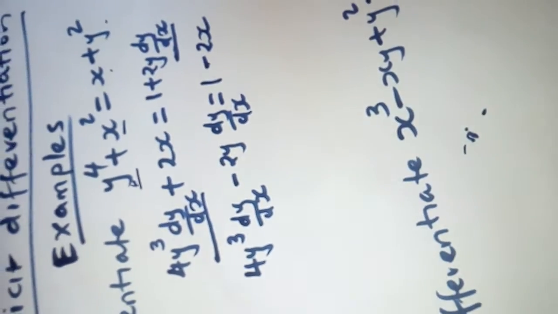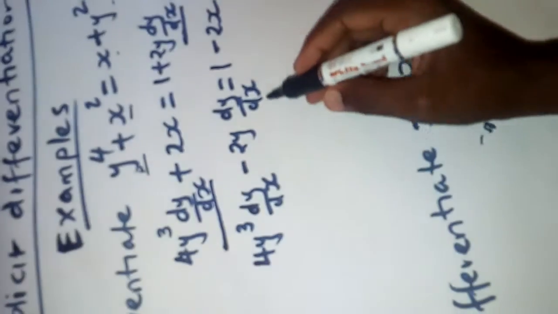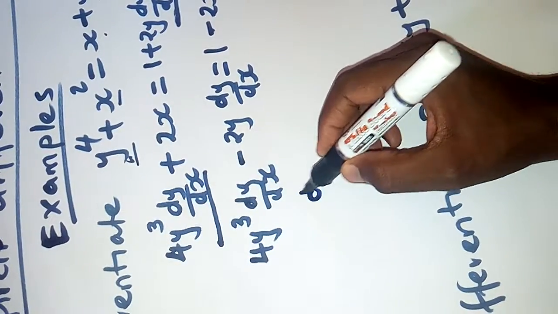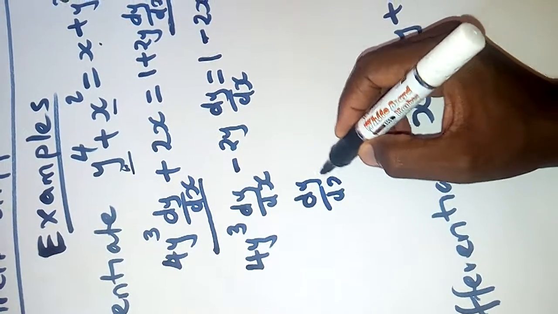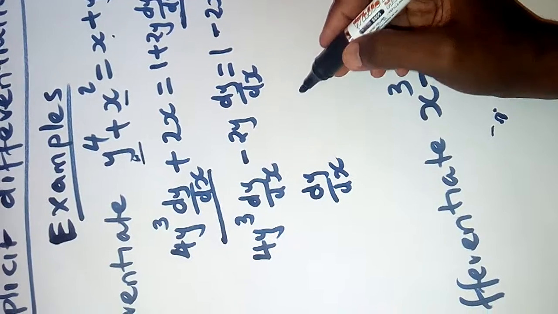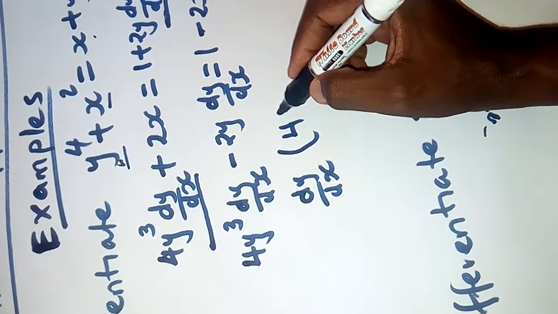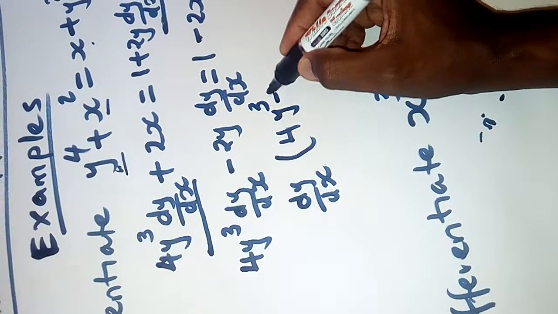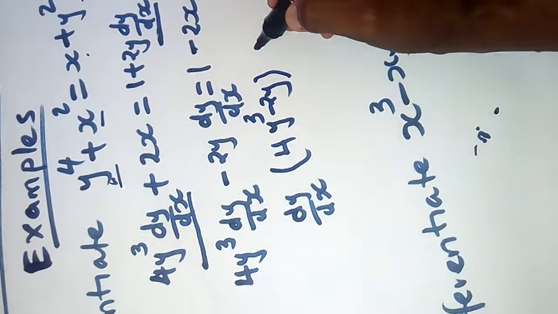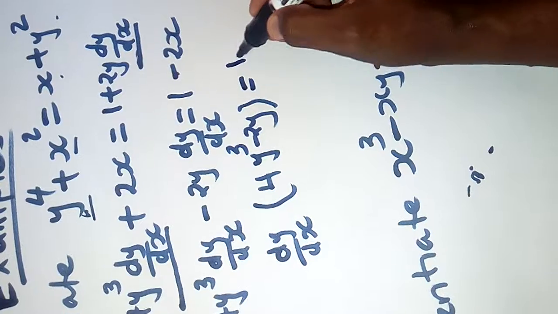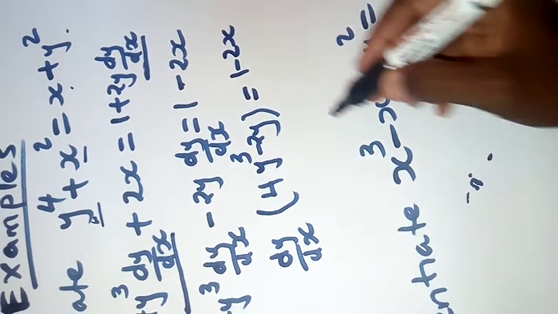So from this expression, we can clearly see that dy dx is common on the left hand side of the equation, and if we remove dy dx, we're going to have 4y cube minus 2y, that is the left hand side, is equal to 1 minus 2x.